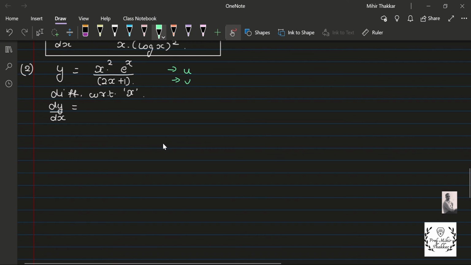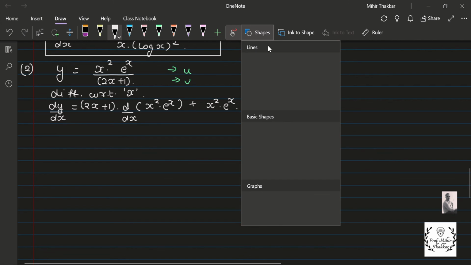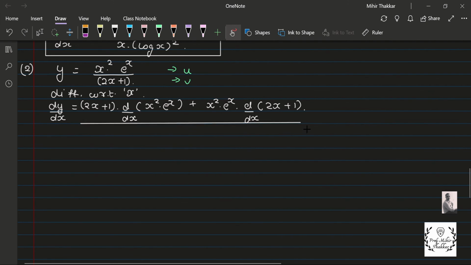So in such a case, let us substitute them in their respective places. v into derivative of u: 2x plus 1 into derivative of x square into e raised to x, plus x square into e raised to x multiplied by the derivative of 2x plus 1, and whole divided by v square, which is already 2x plus 1 the whole square.